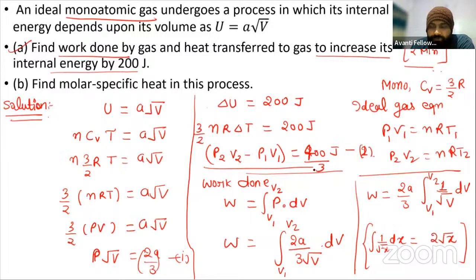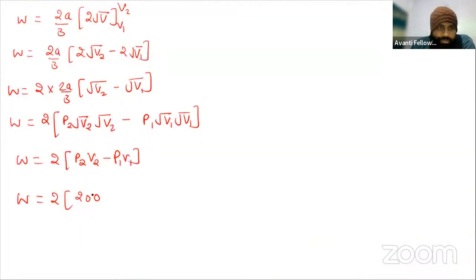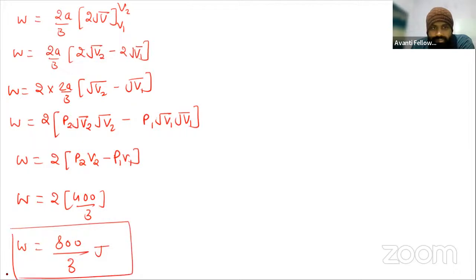Sorry for this mistake. So the work done we have got is 800 upon 3 joule. So this is the work done in this process.